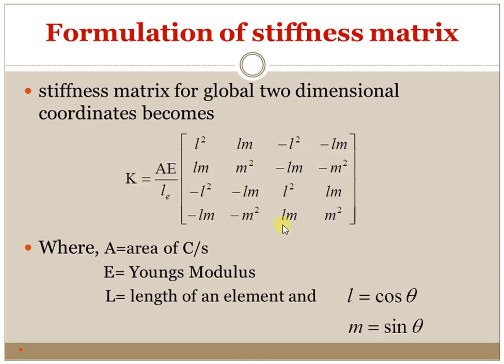That is the stiffness matrix for the truss element, only for one element, where A is the area of cross section of that bar, E is Young's modulus, L is the length of that element, that is the effective length of that element, and L is the cos theta and M is the sin theta.